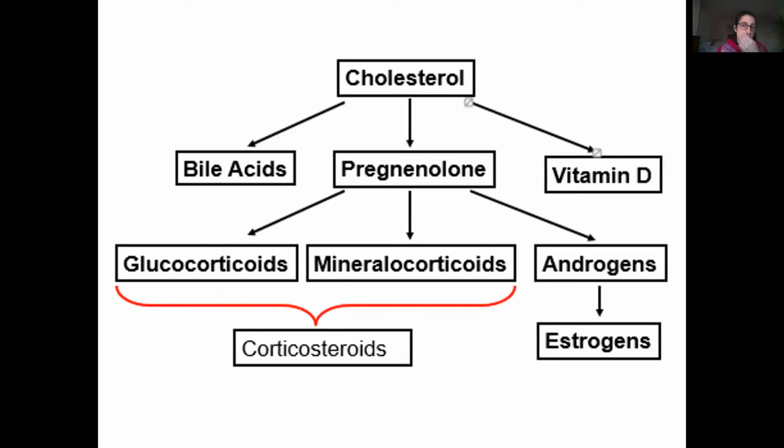So let's look at the types of sterols. The main sterol backbone is cholesterol. Cholesterol metabolically is utilized as the backbone to form many of these other types of sterols. There are things like bile acids, which we utilize in our digestion.